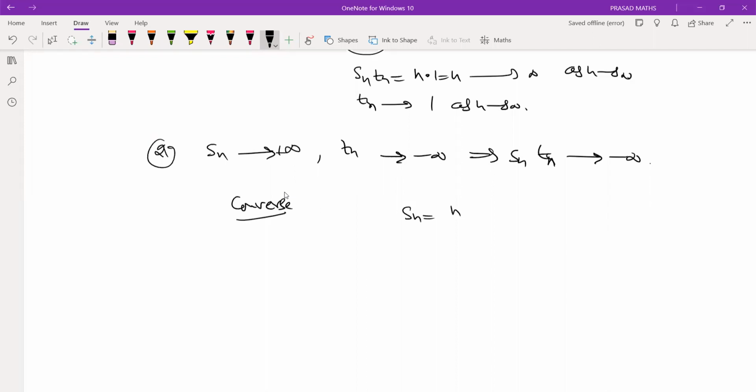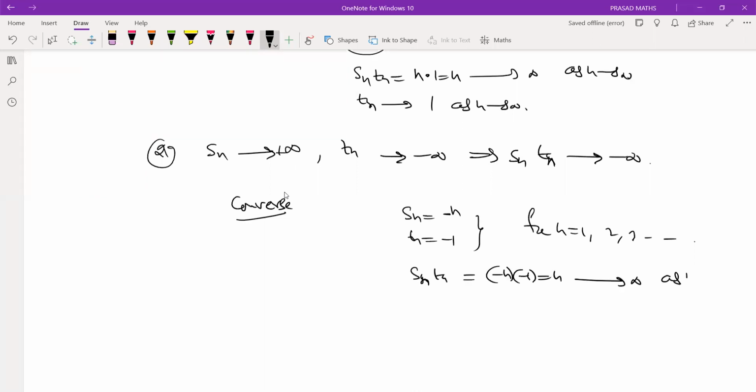Suppose Sn equals minus n, Tn equals minus 1. So Sn into Tn is minus n into minus 1, that means n. This tends to plus infinity as n tends to infinity, but Tn is convergent. Of course, Sn also diverges to minus infinity, not plus infinity. So the converse may not be true.